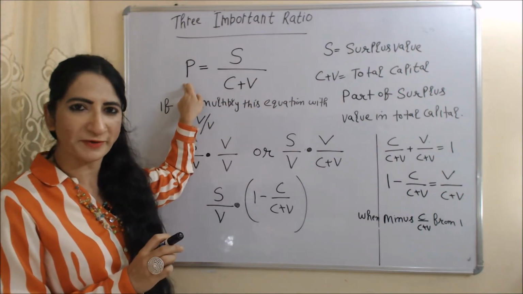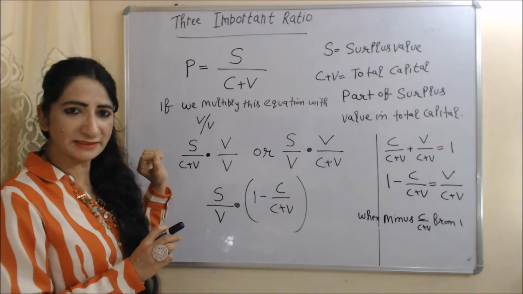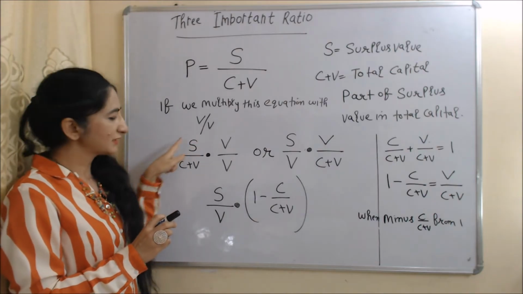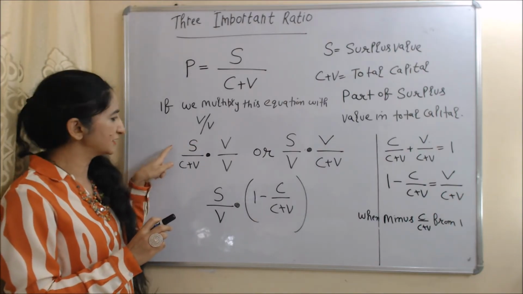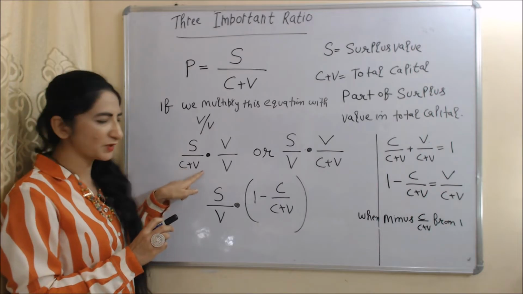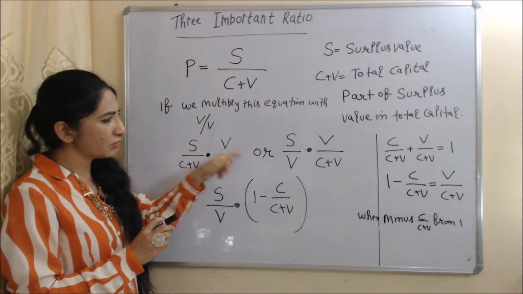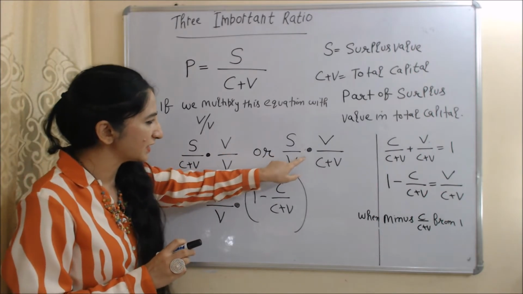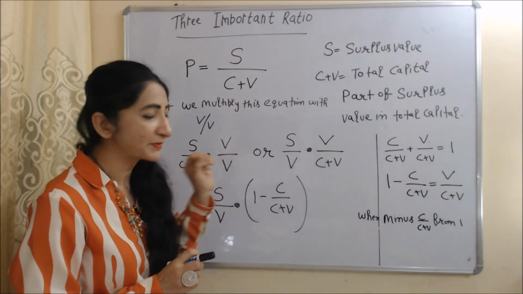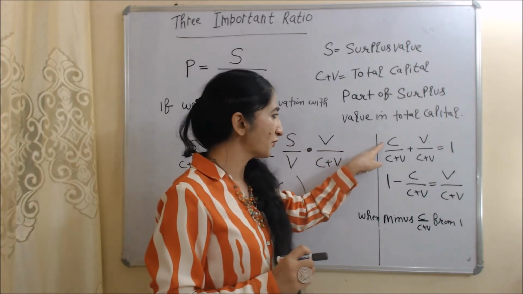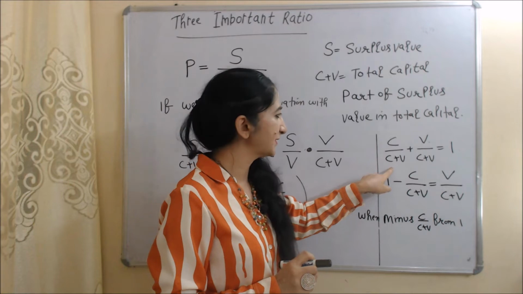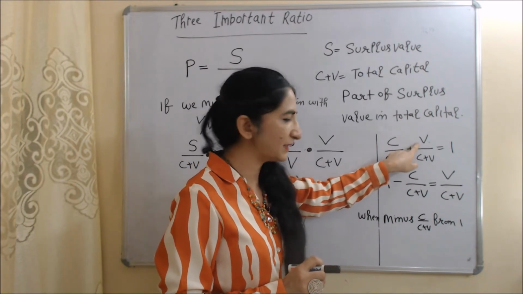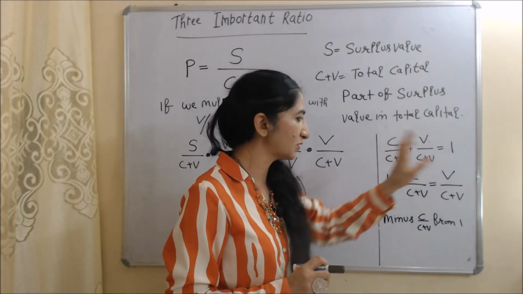P is our profit. So when we multiply this equation with V over V, then our equation will become like this: S over C plus V into V over V, or we can write S over V into V over C plus V. As we know, the ratio of constant capital to total capital plus the ratio of variable capital to total capital is equal to 1.